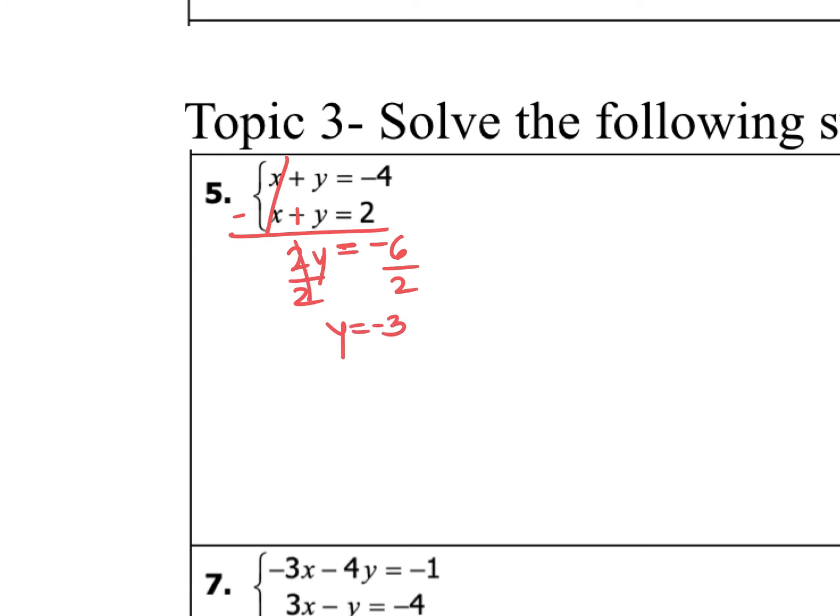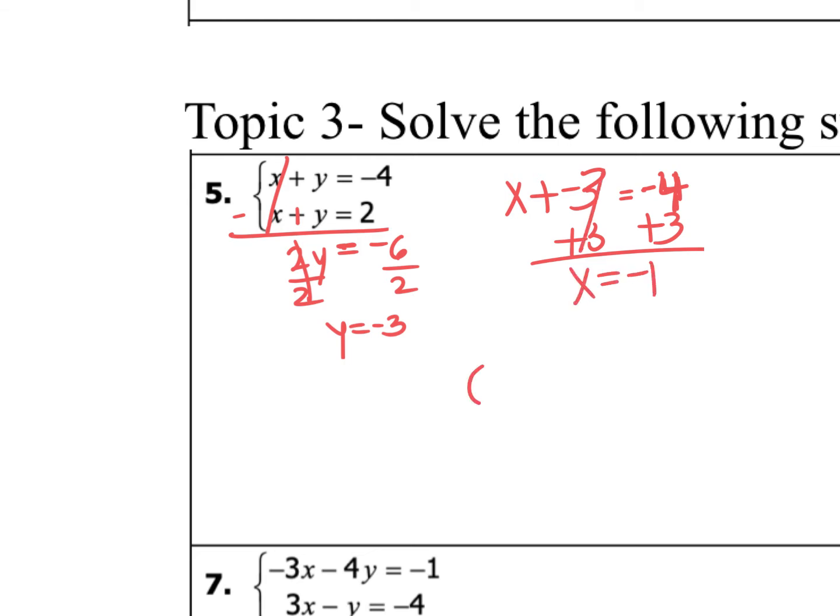If y equals negative 3, then x plus negative 3, I'm just substituting this into the first equation. All right, so plus negative 3, I'm just going to add 3. x equals negative 1. So the solution, negative 1, negative 3.